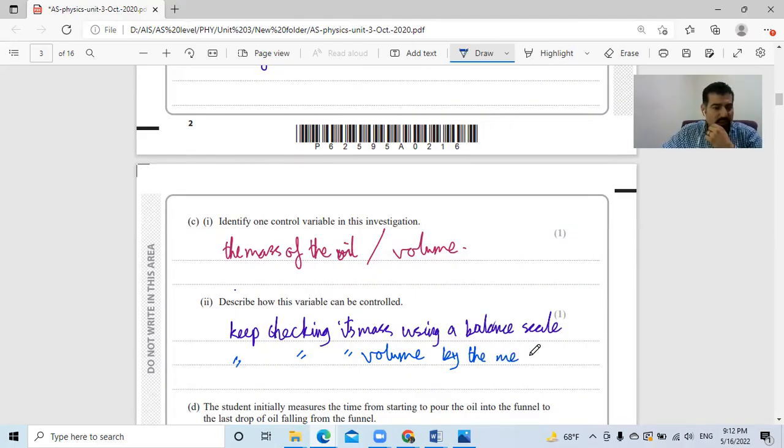Will the volume change due to the heat? Yes, a little bit. That's why I need to control it. As the temperature increases, the volume increases, so I need to keep the same volume because I'm trying to find the rate of volume flow every second. How much volume? By the balance scale, by the measuring cylinder.